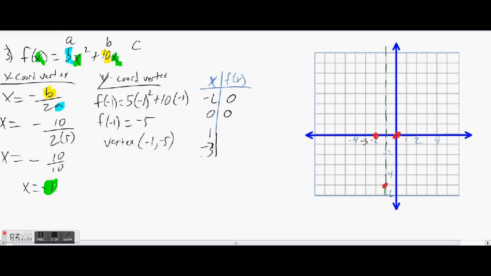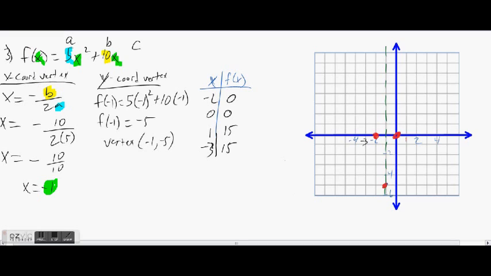Plug them in. If I have a choice to plug in 1 or -3, I'm going to use 1. 5 times 1 squared. 1 squared is 1. 1 times 5 gives me 5. Plus 10 times 1. So 5 plus 10 gives me 15.